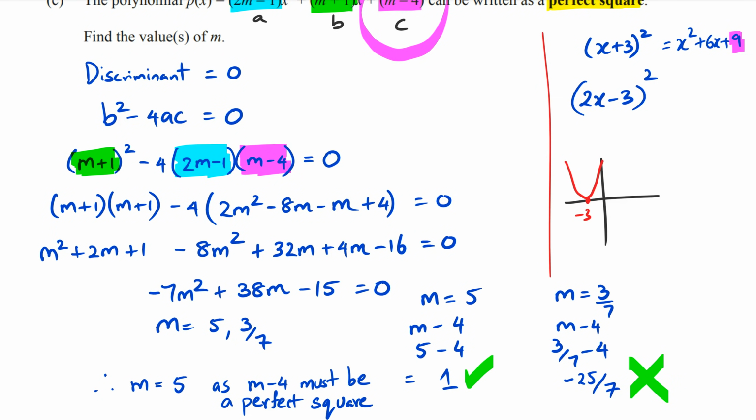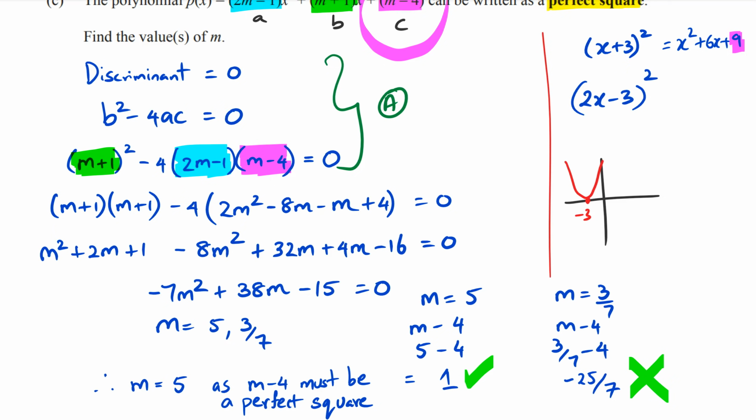So grades wise, what we're looking at is set the discriminant equal to 0. It is an achieved. I'd probably say that is a tricky one, because I'm not sure which part they're actually mentioning for achieved, whether it's saying that b squared minus 4ac equals 0.